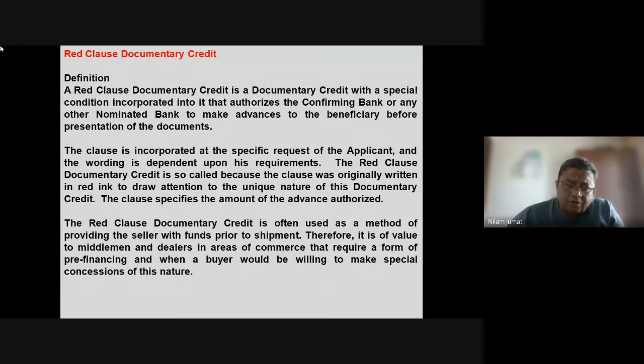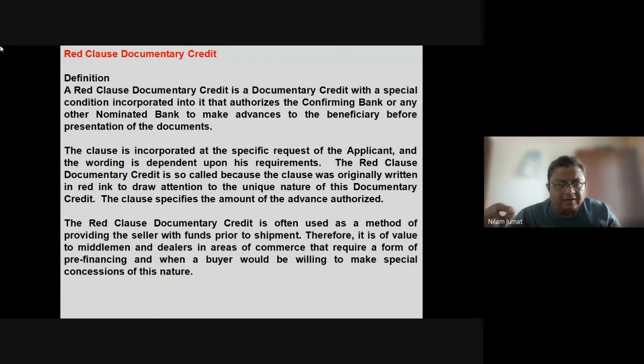So, since this is a special instruction, which you don't normally find in LCs, it is a special concession the importer is willing to give through his bank, of course. The HSBC bank is issuing the LC, with the agreement of the importer. That clause in the LC was typed in red.